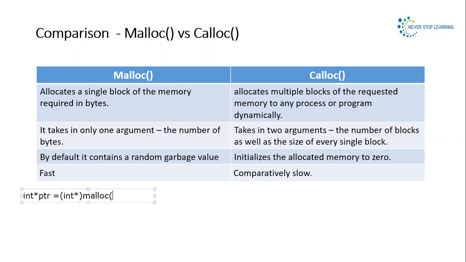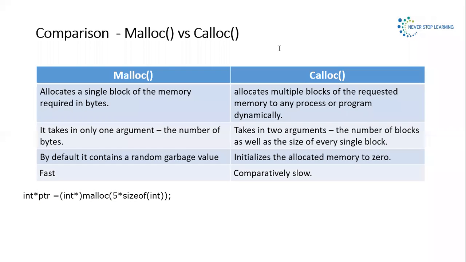For example, I'm giving 5 into sizeof, because we want integer type places, so here we write int. This is the syntax for integers, and it will allocate 20 bytes, because an integer takes 4 bytes. So 5 into 4 means 20 bytes will be allocated.